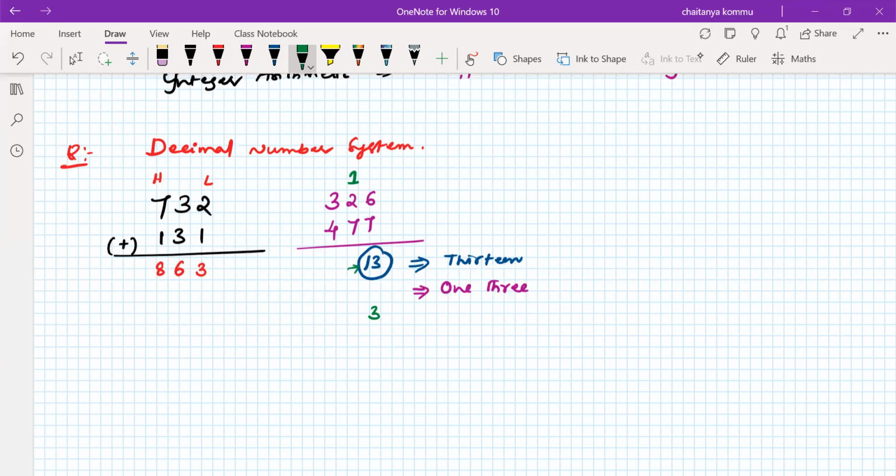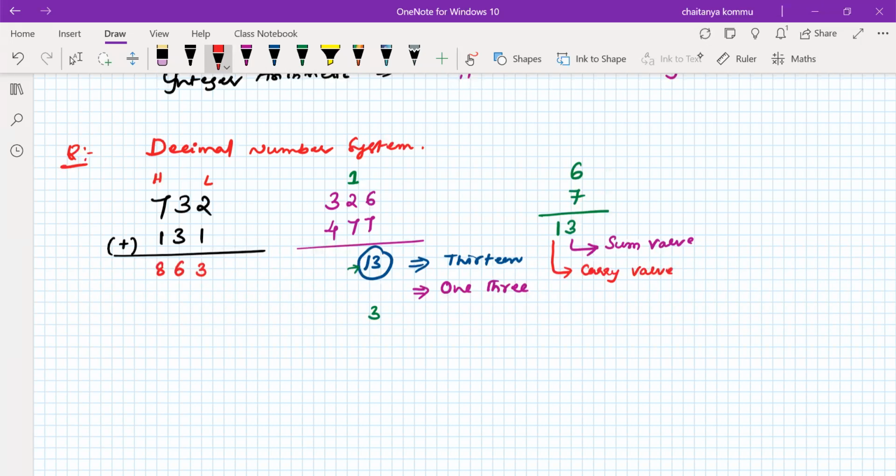So when we add 6 and 7, we have 13 as the answer, or 1, 3. In this, the LSB position, that means the least position, we call the sum value, and the other is called the carry value, right?